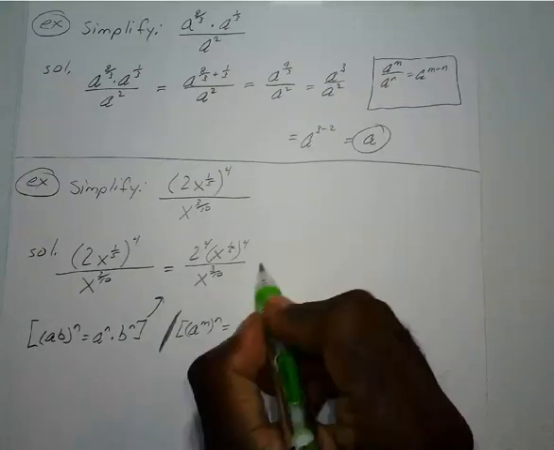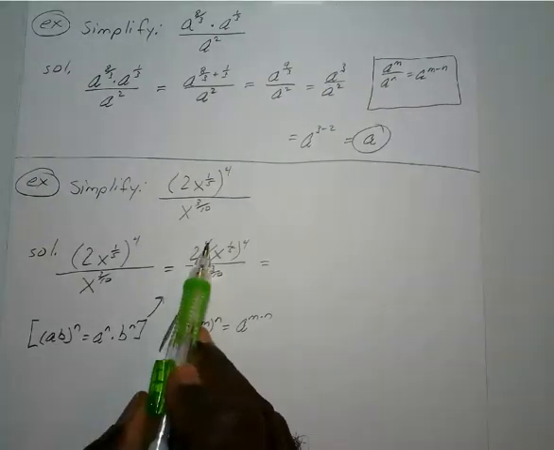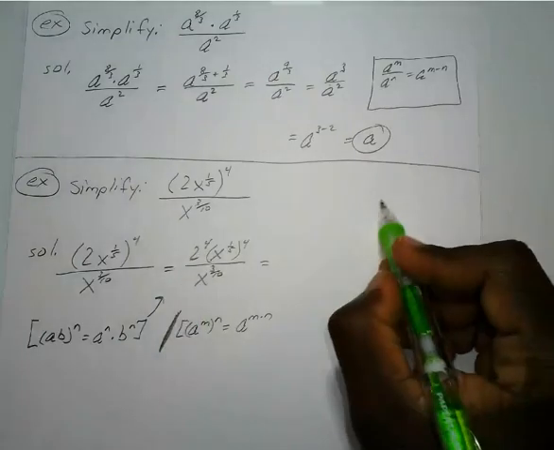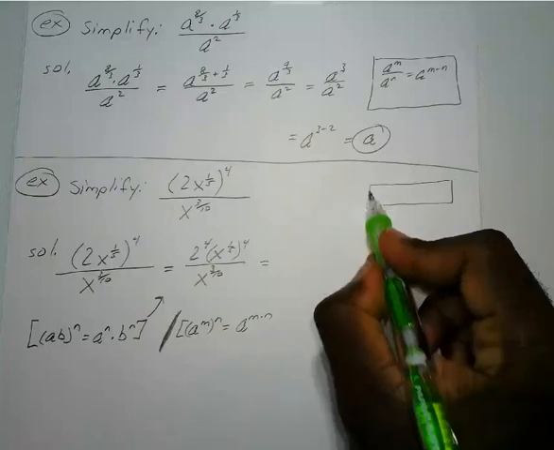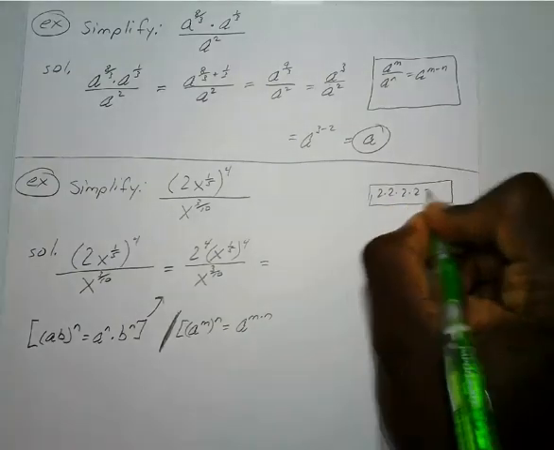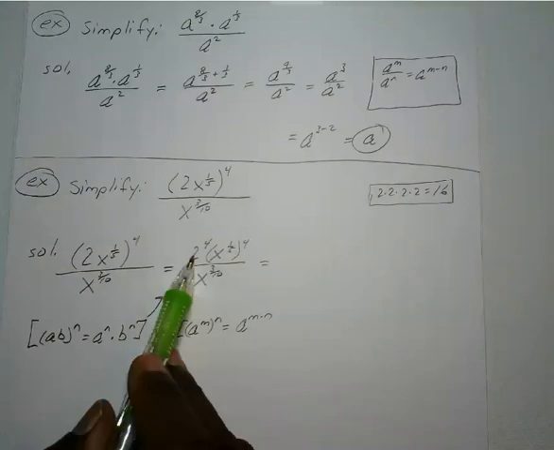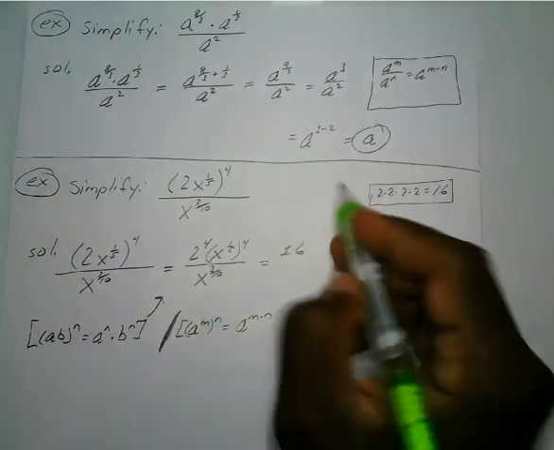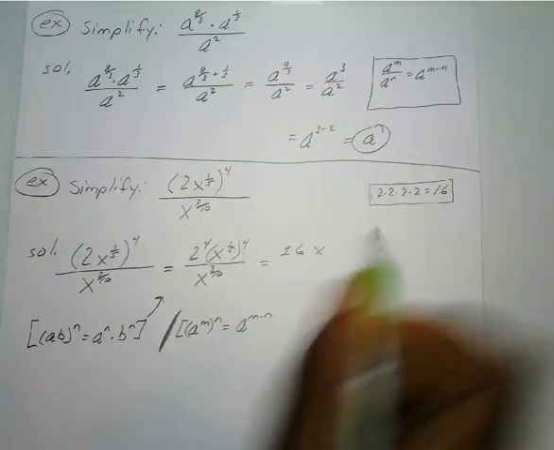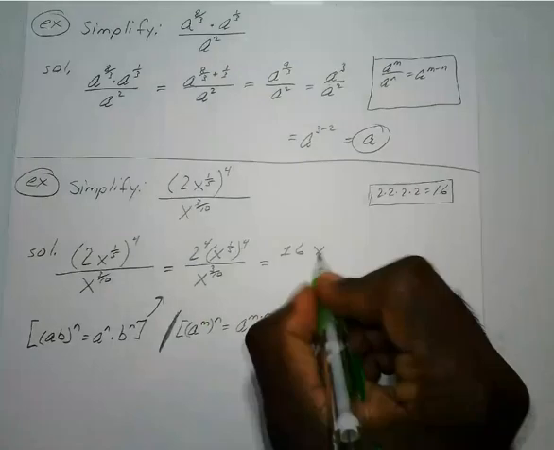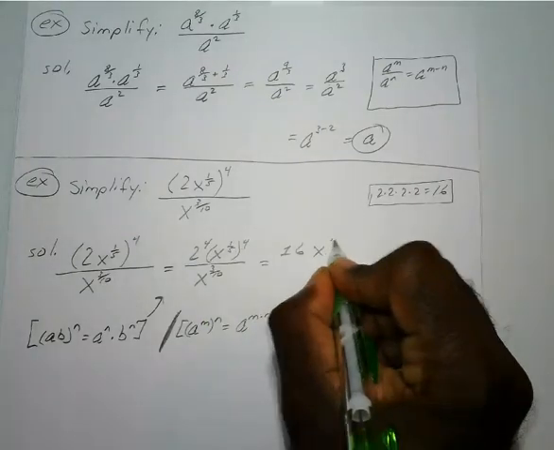Remember, 2 times 2 times 2 times 2. Let me kind of bring that up here. 2 times 2 times 2 times 2 equals 16. So we're just going to make that 16. So you have 16, and you have x to the 1/5 times 4 is 4/5. You have x to the 4/5 power over x to the 3/10 power.